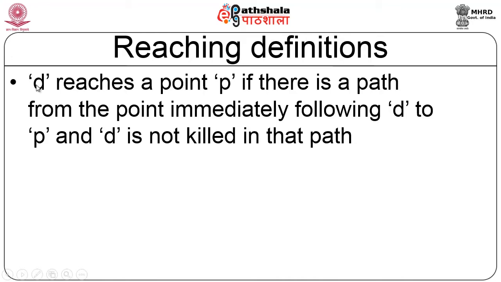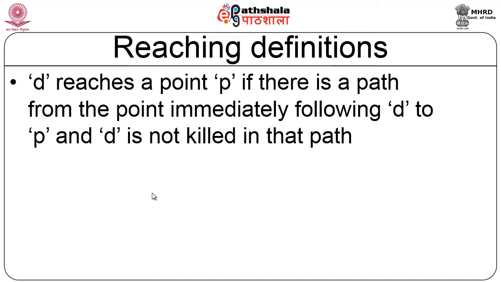Now, a definition D reaches a point P if there is a path from the point immediately following D to P and D is not killed along that path. For example, I define a variable x at a particular point P, and say I look at some other point Q in the path.